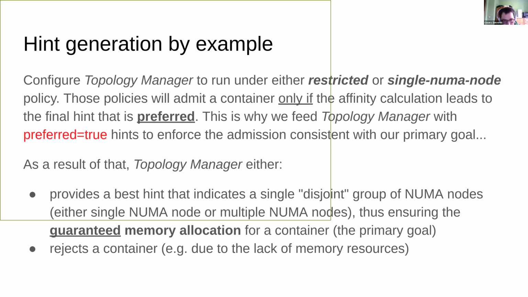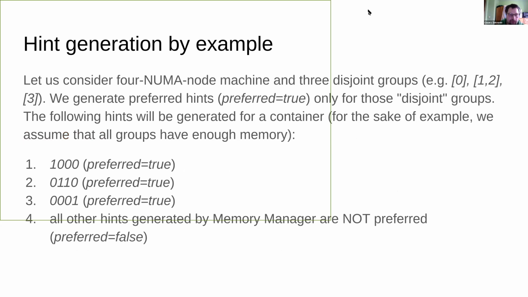Okay, I think we can move to the next slide. I think this is the last one, which concerns the example. Let's consider a machine that has 4 NUMA nodes, and let's consider that we provided a configuration with 3 disjoint groups, as in the previous example: 0, 1, 2, and 3, and we generate preferred hints only for these disjoint groups.